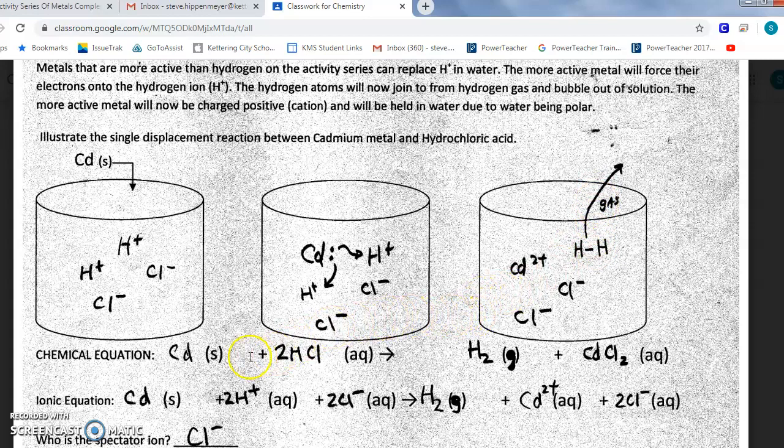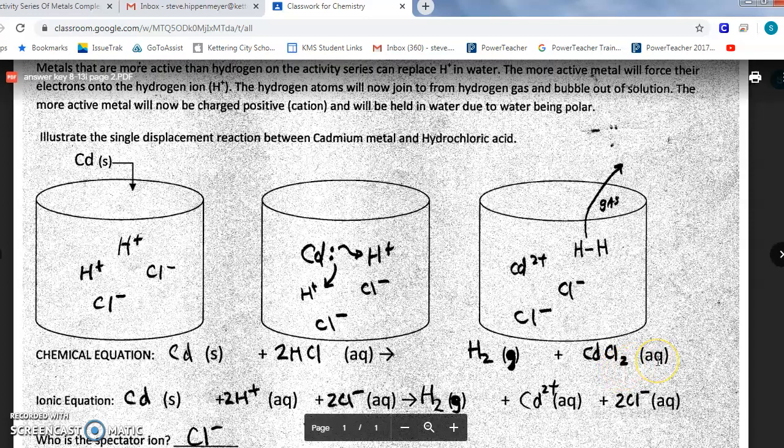So our chemical equation here, we have cadmium, solid, dropped in. HCl aqueous. Aqueous means that water pulls it apart. There's the H pluses, there's the 2 Cl minuses. The 2 in front is telling us we're going to have 2 H pluses and 2 Cl minuses. And when we're finished with the reaction in container 3, the H2s break off as hydrogen gas, and we're left with CdCl2 aqueous.